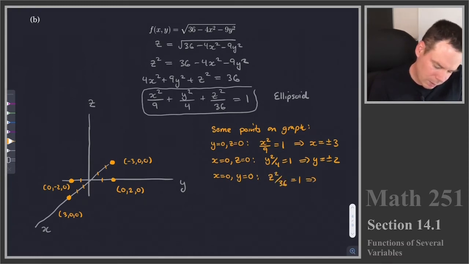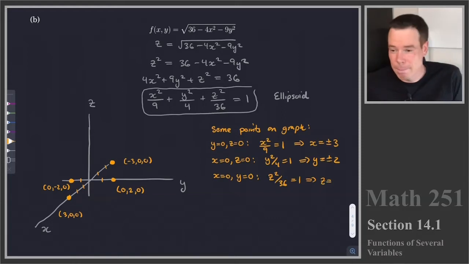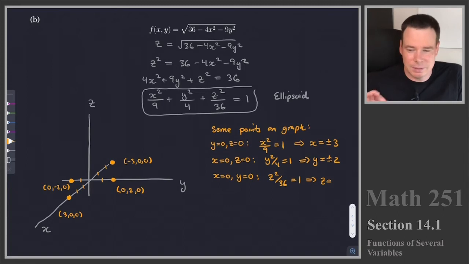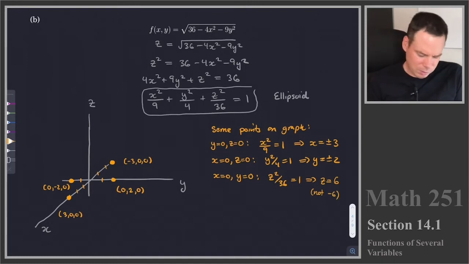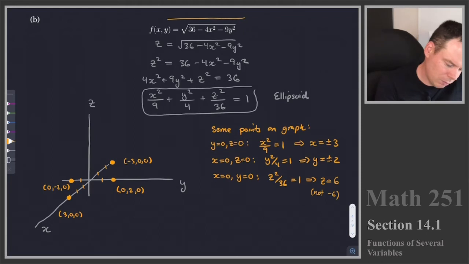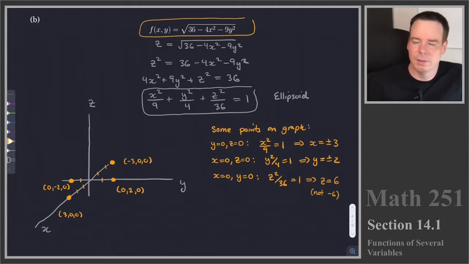And that means that z is equal to, and if you said plus or minus 6, we're neglecting one small little fact. So it's really just 6 here, and I'll write in not minus 6. You might say, well, why? What's the difference with all the other stuff? The reason is we have to go back to the original function. This is the thing we're trying to sketch the graph of.